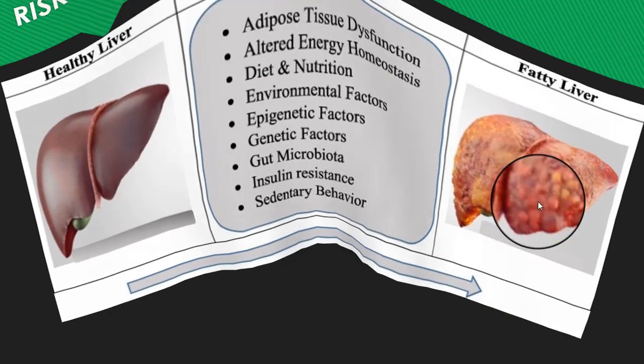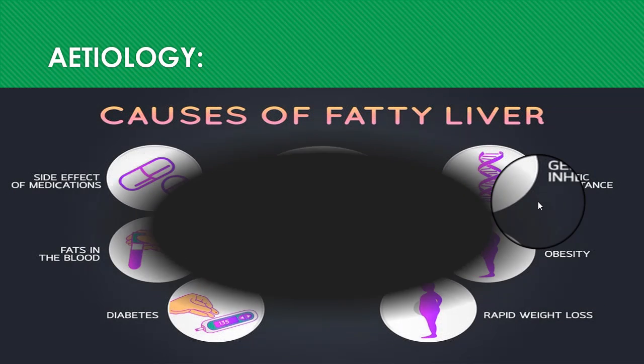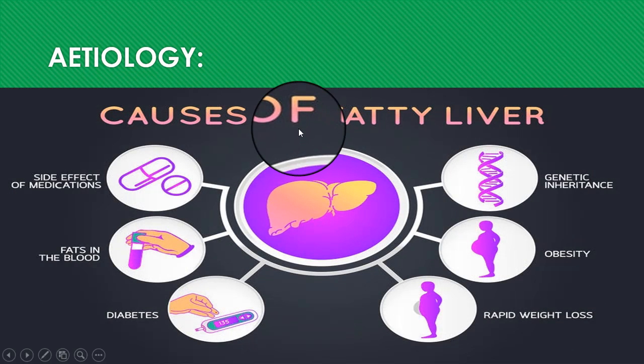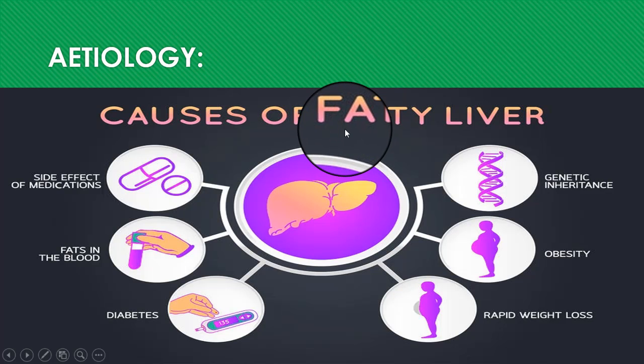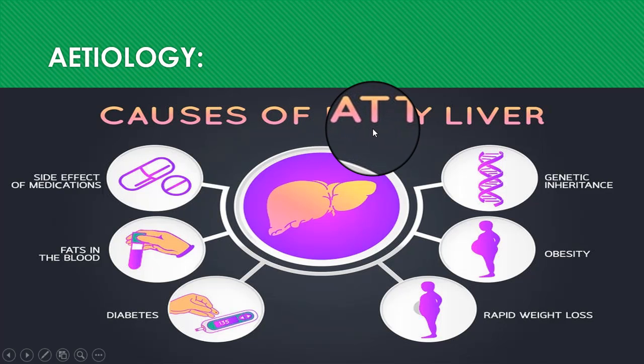Now next, what is the etiology, that is, what are the causes of fatty liver disease? So let's talk about it. Fatty liver develops when your body produces too much fat or doesn't metabolize fat efficiently enough. The excess fat is stored in the liver cells where it accumulates and causes fatty liver diseases. This buildup of fat can be caused by a variety of things.